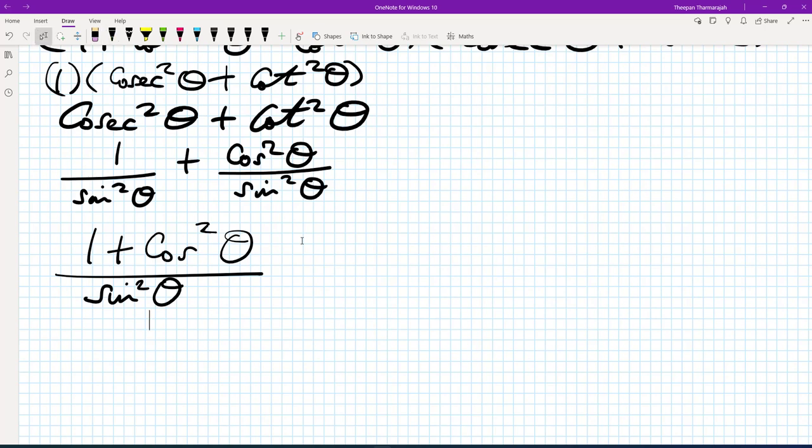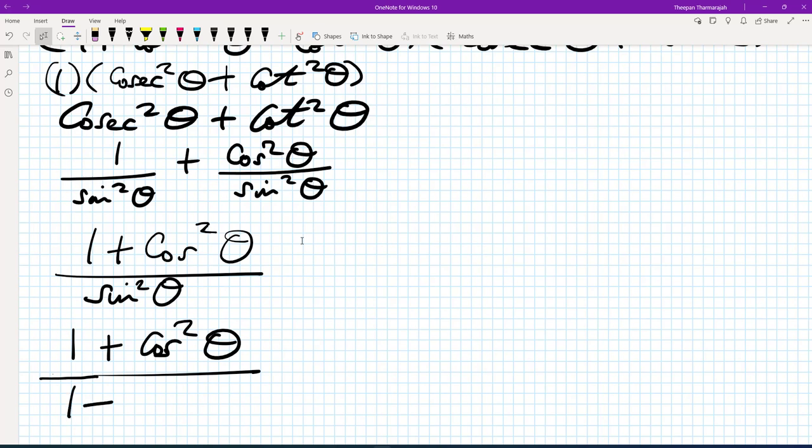So we could write that as 1 plus cos squared theta. Now sine squared is the same as 1 minus cosine squared, which is the right hand side.